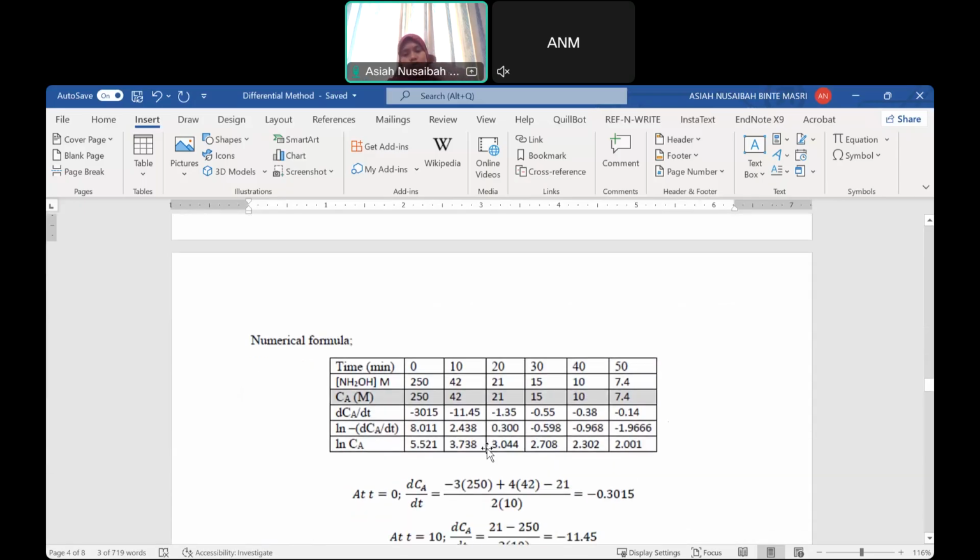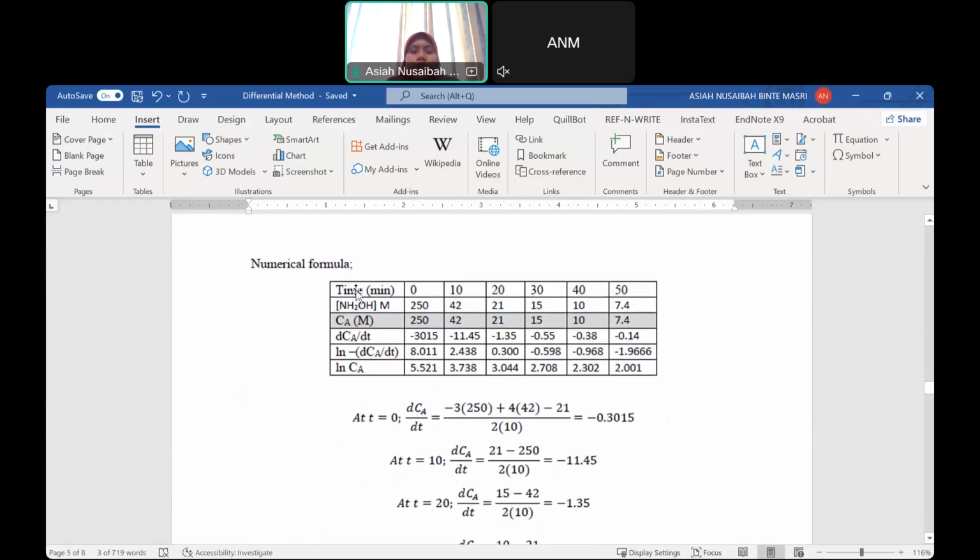Alright, so the numerical method is very simple. We can simply use the equation. To do that, we are given the data of time and also concentration. This is our concentration CA in molar: 250 at time 0, 42 at time 10, 21 at time 20 minutes, and so on until 7.5 at time 50.